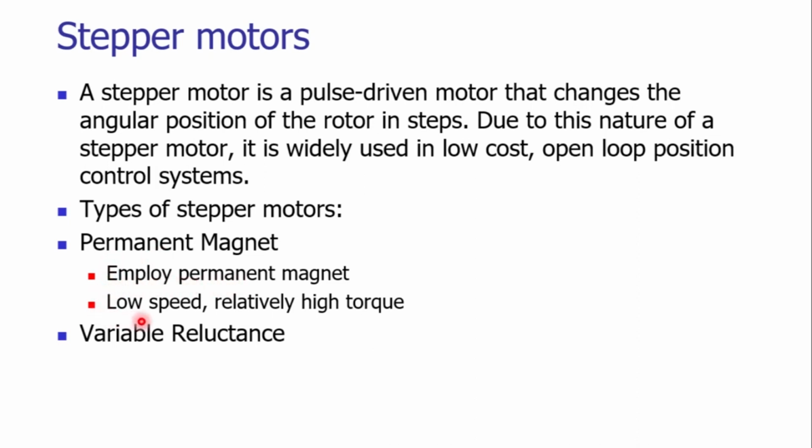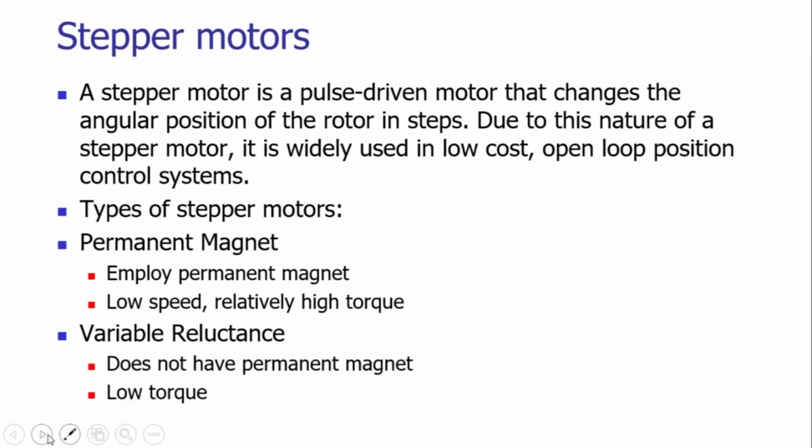They are useful for low speed applications, but they are capable of providing very high torque. The variable reluctance stepper motor does not have the permanent magnet arrangement, but it provides low torque in comparison with permanent magnet stepper motors.